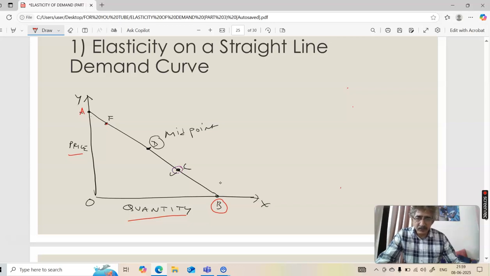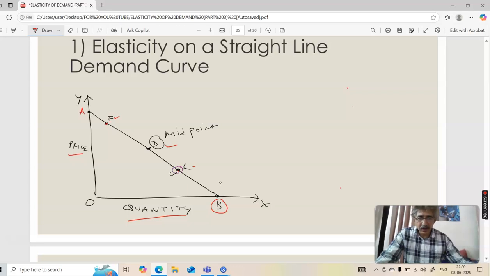Thereafter you can see point F, then point D, which is basically the midpoint. It's dividing the demand curve into two equal parts, followed by point C, and then B. So I'll start like this.